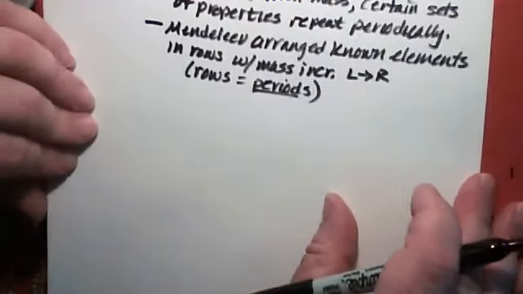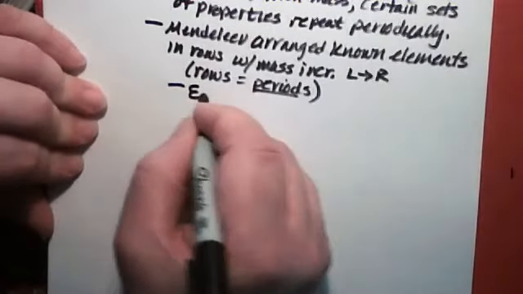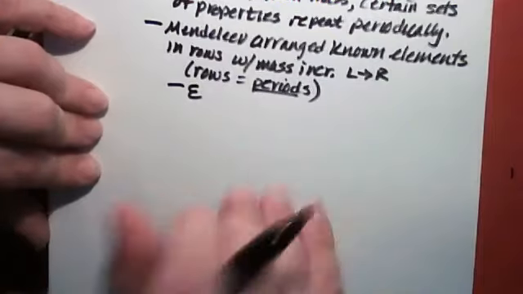And it ended up with elements with similar properties ended up in the same vertical columns.